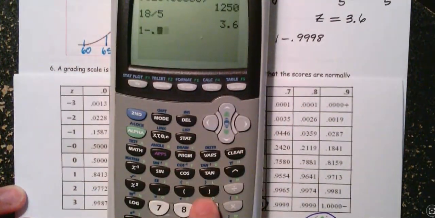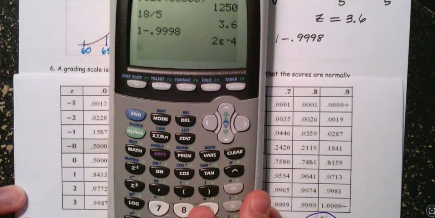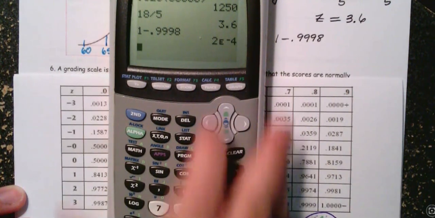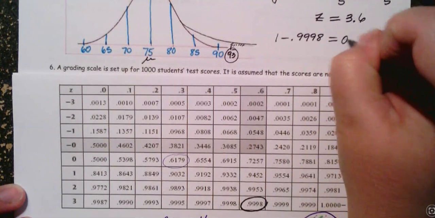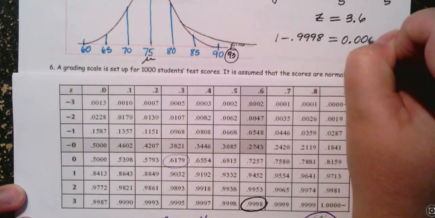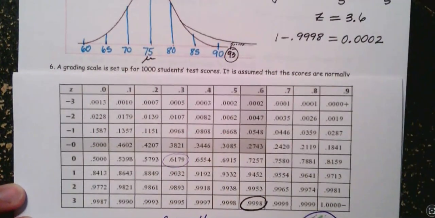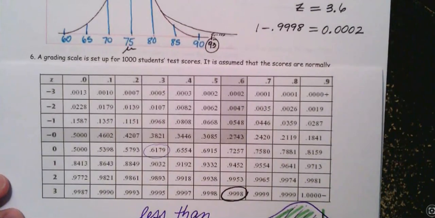and do that and get, that says 2 times 10 to the negative 4th. What that means is 1, 2, 3, 4. That's what that means. Or we could also do it as a percent.